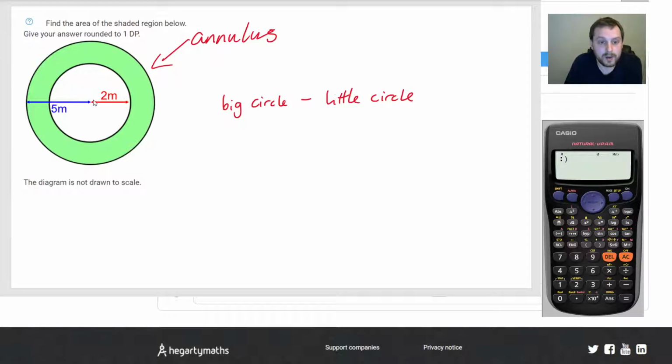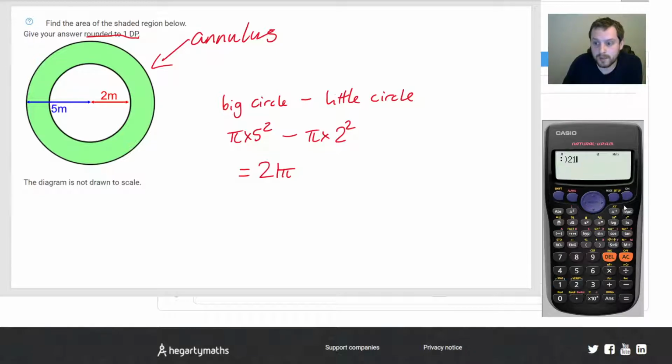So the big circle has area pi times 5 squared. And the little circle has area pi times 2 squared, and therefore that's 25 pi, take away 4 pi, which is 21 pi. And make sure if it asks you to round to one decimal place that you're actually doing that.